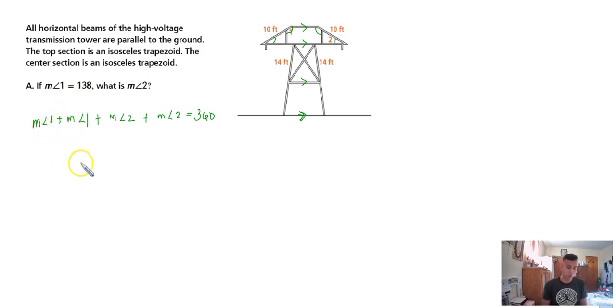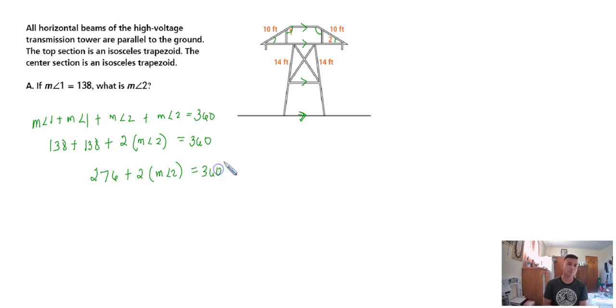So 138 plus 138, because they are congruent, plus twice the measurement of angle 2, which is equivalent to 360. And we all know that 138 plus 138 is 276. So we have 276 plus twice the measurement of angle 2 is equal to 360.